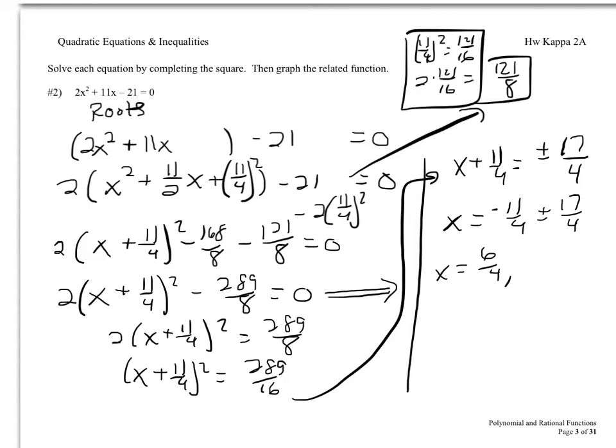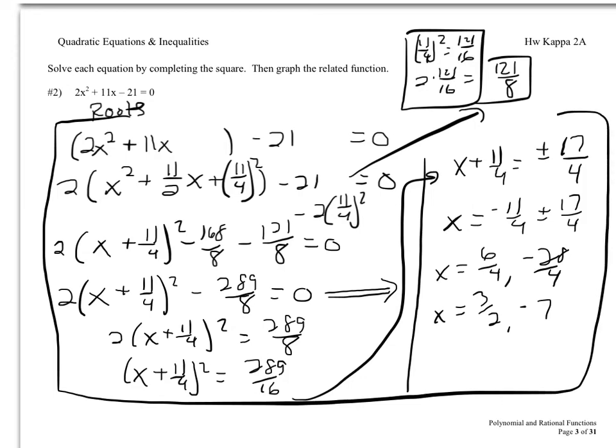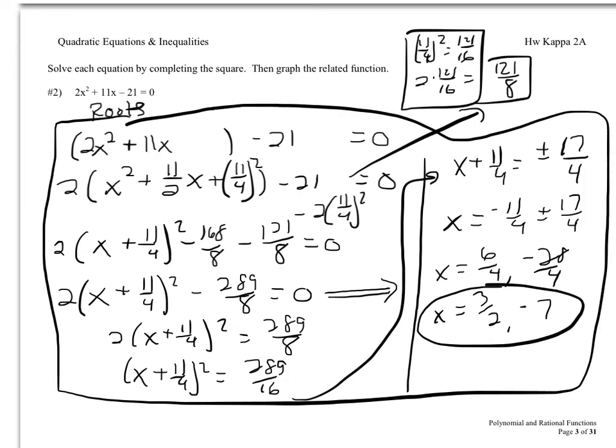Yeah, negative 11 minus 17. And simplifying these, I get 3/2, and I get negative 7. So after all that work, I found that my roots, my x-intercepts, were 3/2 and negative 7.